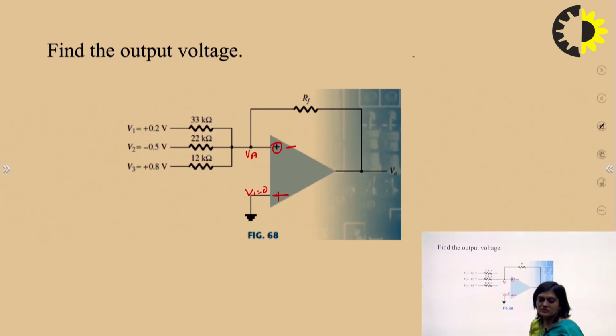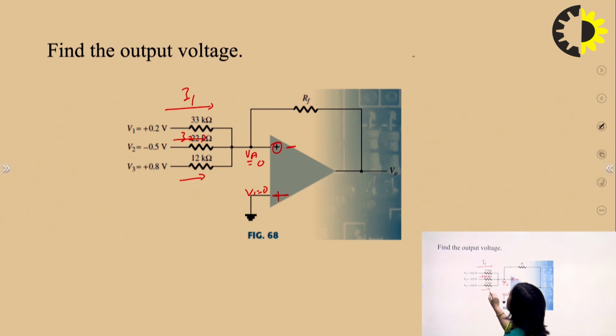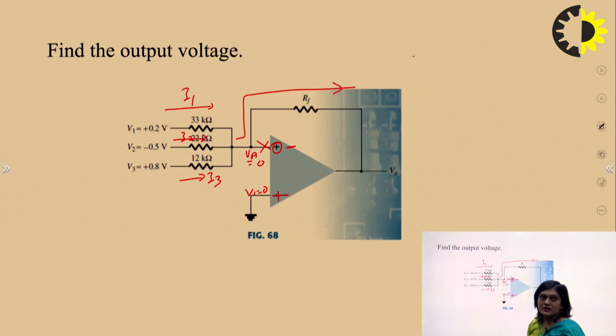So VA must be equal to V1, and this will be equal to 0. Here we can find this current and this current, and no current will enter into the op-amp. So all this current will pass through this resistance RF.